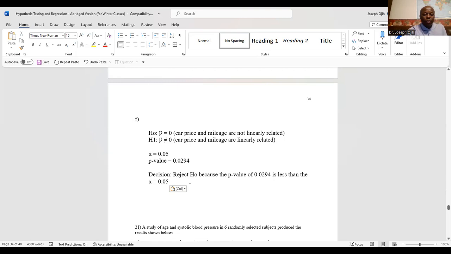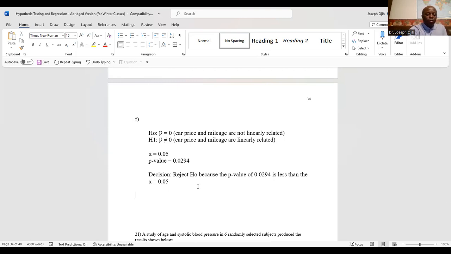So that is the decision. Remember the question they asked us, about mileage and car price.